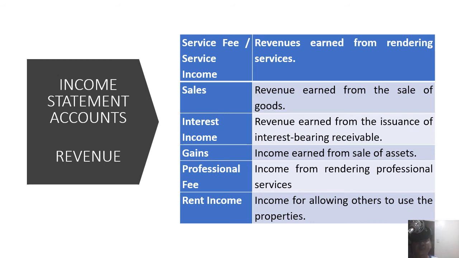Sales, revenue earned from the sale of merchandise. When the nature of your business is buying and selling, you buy, then you sell, or you manufacture goods for sale, the title that fits you is sales.